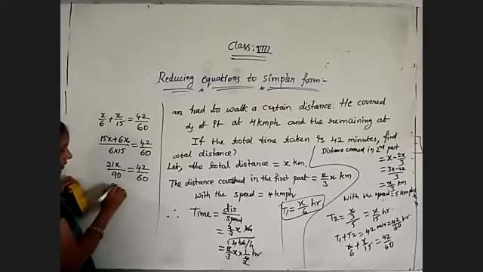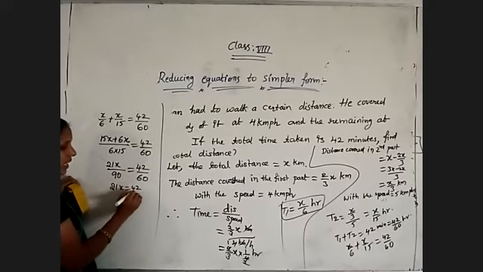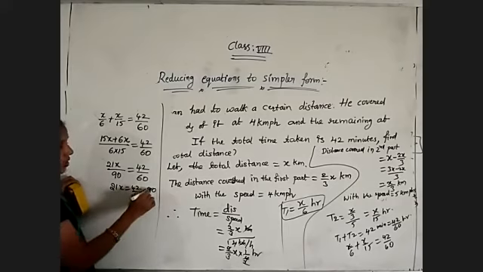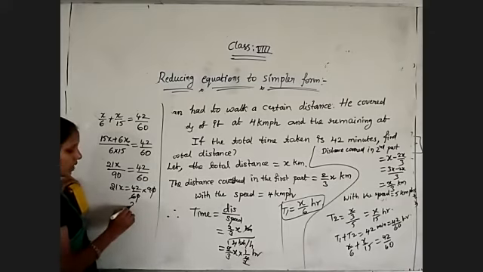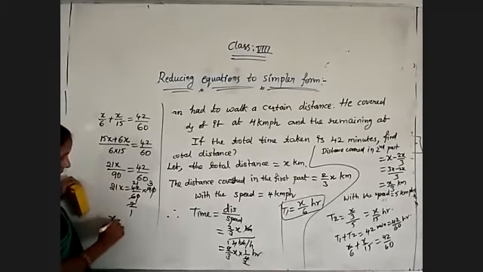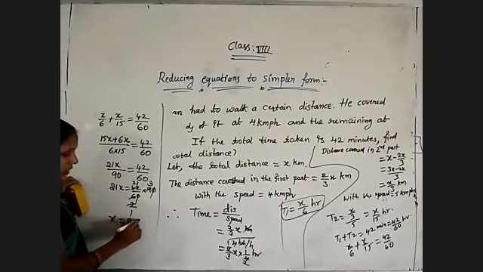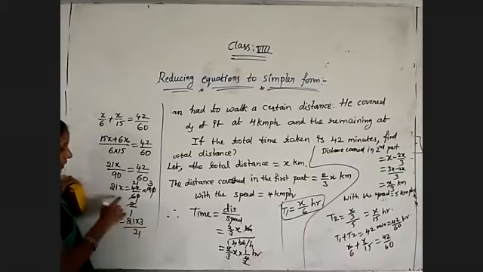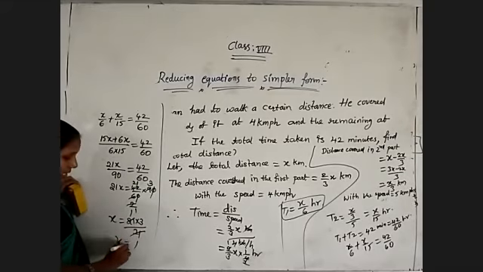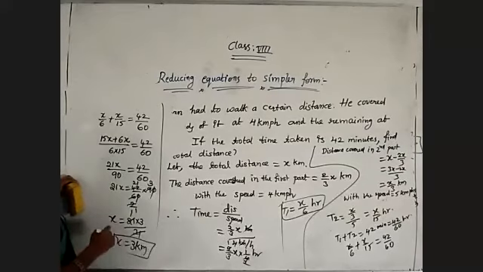Then 21x is equal to 42 by 60 into 90. The zeros get cancelled. 3 2s are 6, 3 3s are 9. Now x will be equal to 21 into 3 divided by 21. So 21 and 21 get cancelled. x is equal to 3 kilometers. So the total distance is 3 kilometers.